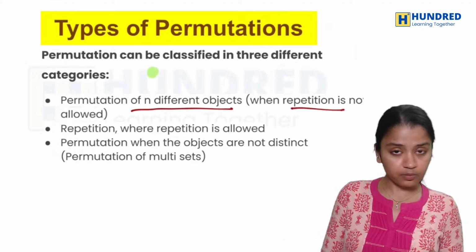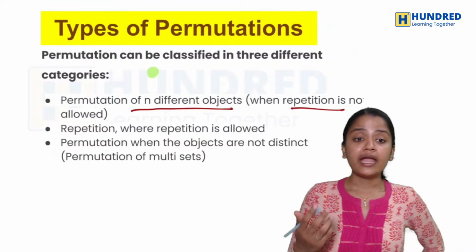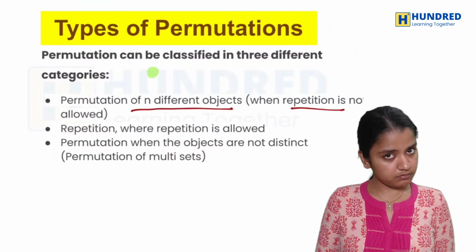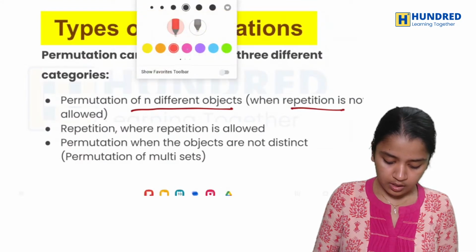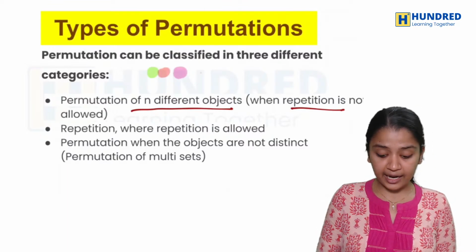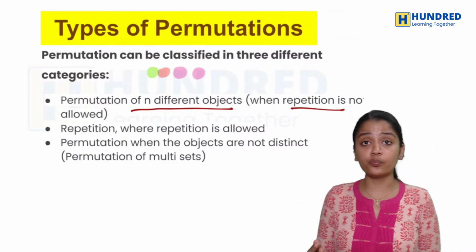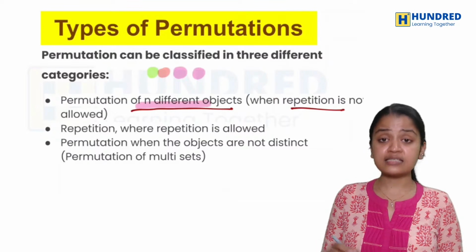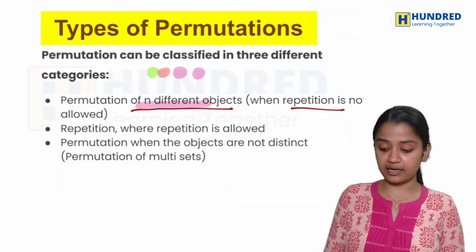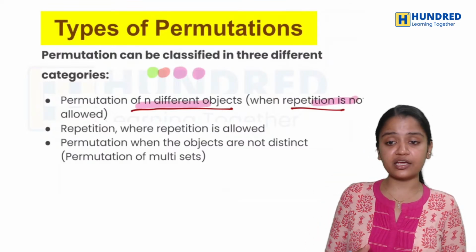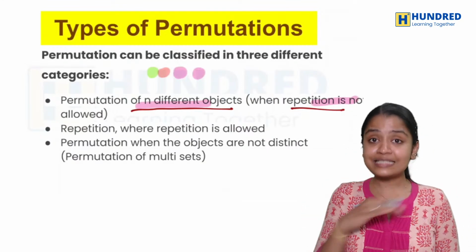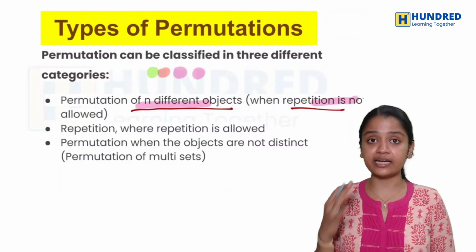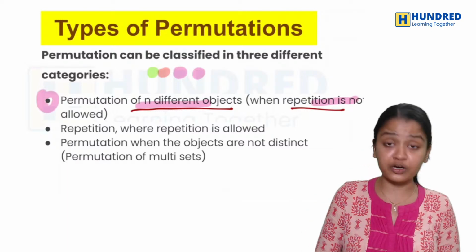For example, it can be green ball, it can be red ball, it can be pink ball, but it cannot be 2 pink balls, because it is n different objects. What does that mean? Basically, the repetition is not allowed. Same kind of objects is neglected. Different kinds of objects are in the first category.